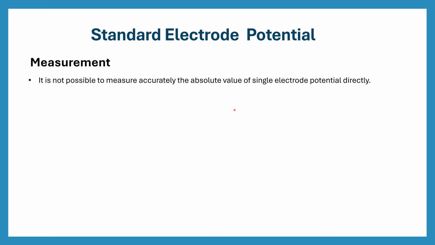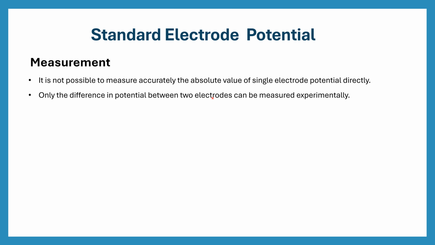It depends on the interaction between two electrodes rather than existing as an independent absolute value. So when we talk about electrode potential, what we really mean is the potential difference between two electrodes. Only the difference in potential between the two electrodes can be measured experimentally.